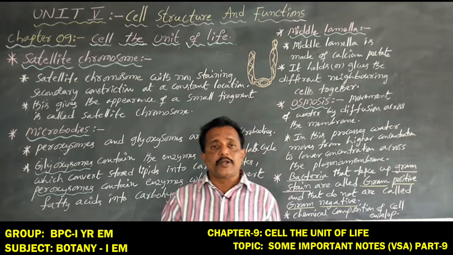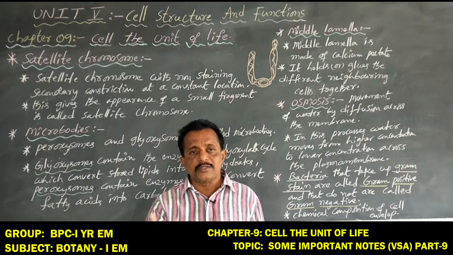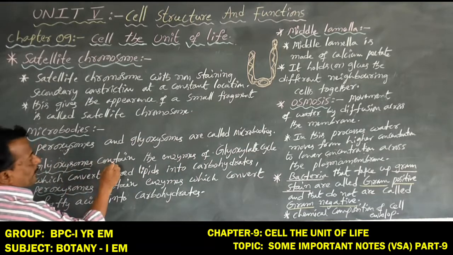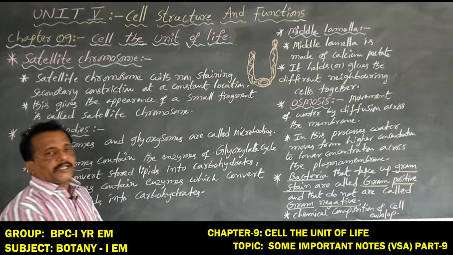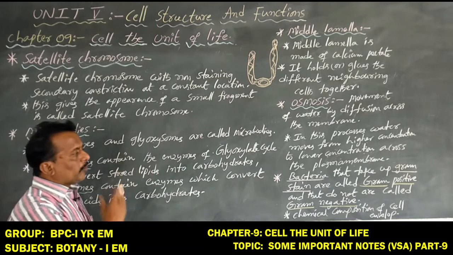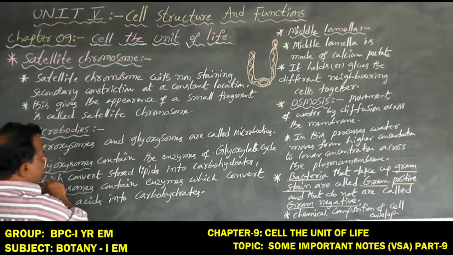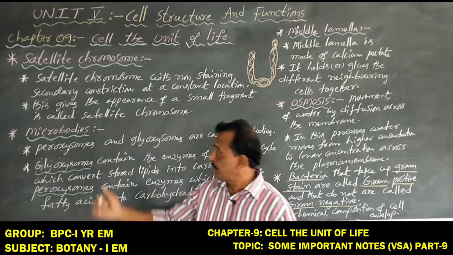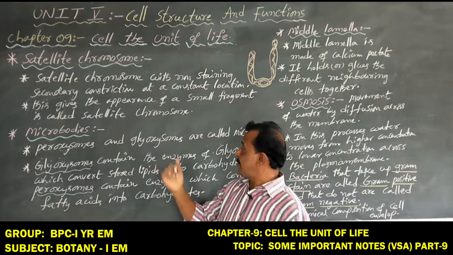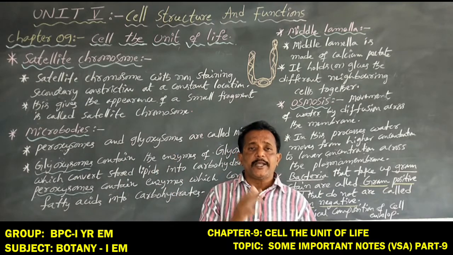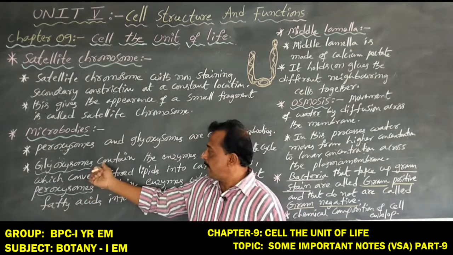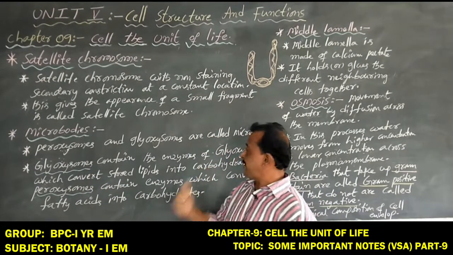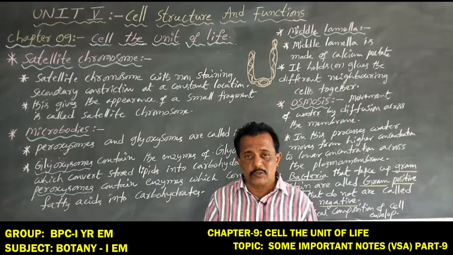What is the importance of glycosomes and peroxisomes? Glycosomes contain some of the enzymes of the glyoxylate cycle, which convert stored lipids into carbohydrates. That is the importance of glycosomes.